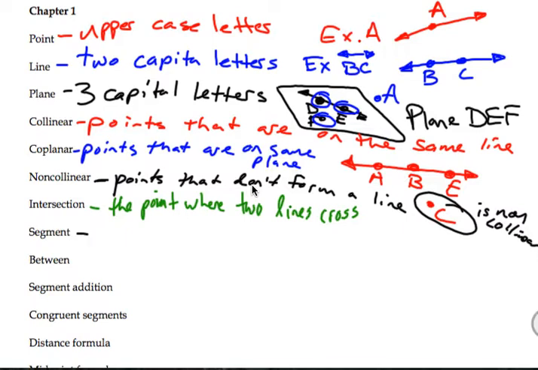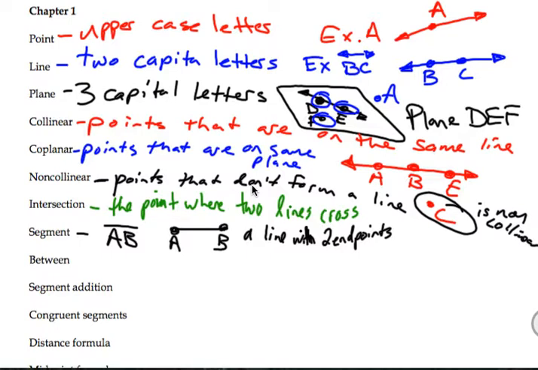Segment. So that is like AB. That means it has endpoints at A and at B. So it is a line with two endpoints. Between means in the middle of two points, for lack of better words.